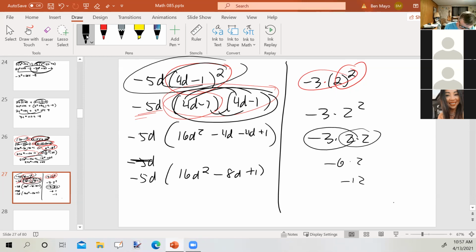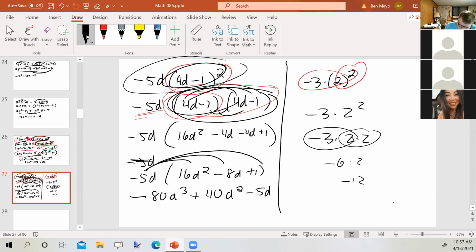So now that I've multiplied that out and simplified it, I'm going to distribute and get what? Negative 80d cubed plus 40d squared minus 5d. Okay. So be careful, order of operations, exponents before regular multiplication.